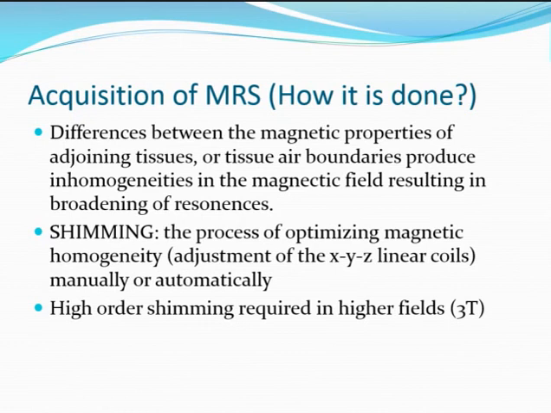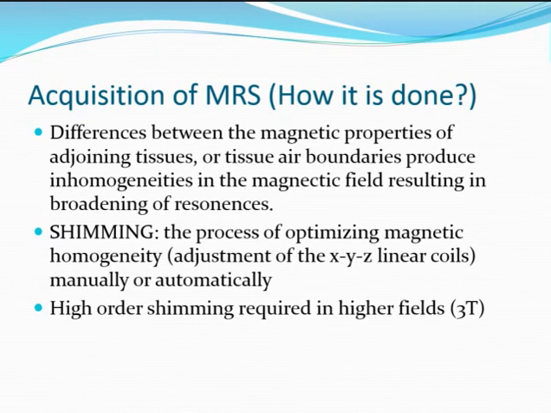We can do that either manually, where the engineers come and do shimming and calculations, or there are settings in the machine that do auto shimming. So you need very good shimming to have a very good spectrum. Otherwise, you'll have a bad spectrum. And high-order shimming requires a higher field.